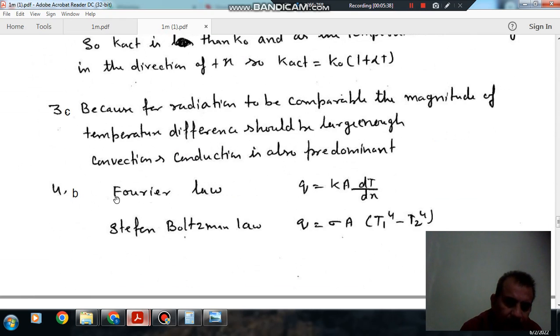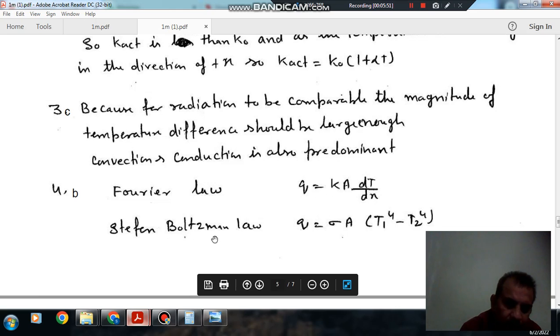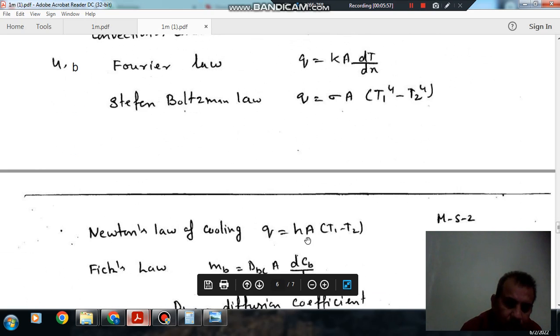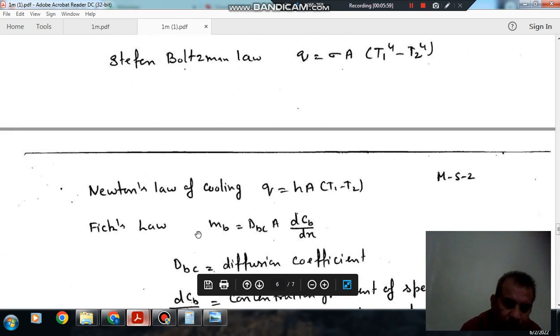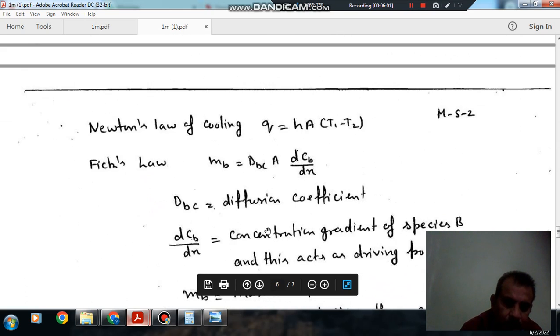Fourier's law governs conduction, the conduction equation for Q is equal to K A dT by dx. Stefan Boltzmann law governs the heat transfer in radiation, Newton's law of cooling is in convection, and Fick's law is mass transfer.